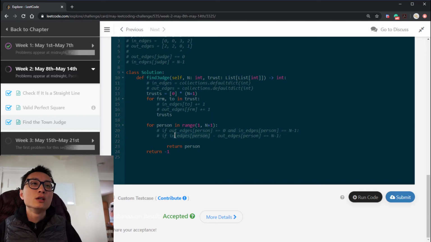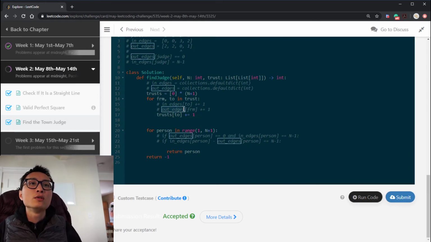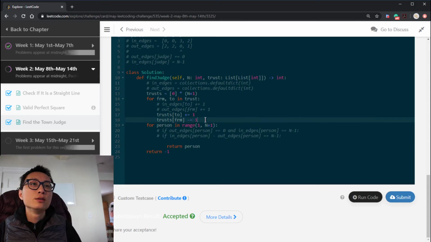The in edge is only subtracting the out edge, so instead of having two things to keep track of, for the 'to' person we just increment, and for the 'from' person we just decrement. So instead of calculating the difference in the end, it's effectively already calculated during this for loop, so we can reduce the space requirement from 2n to just n.